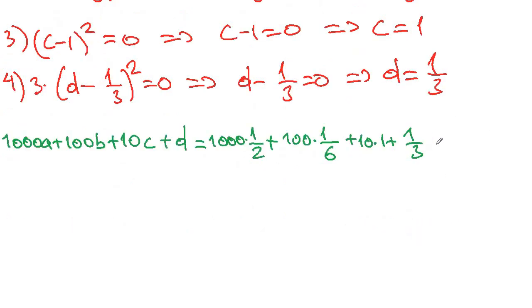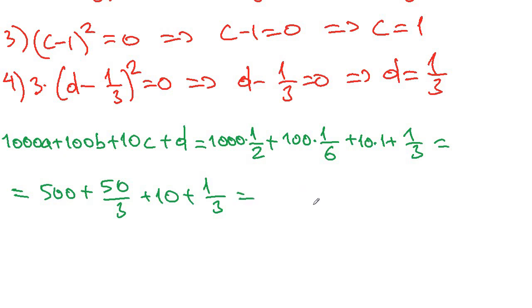Now let me simplify each fraction. As you can see, 1000 times 1 over 2 is simply 500, plus 50 over 3, plus 10, plus 1 over 3.